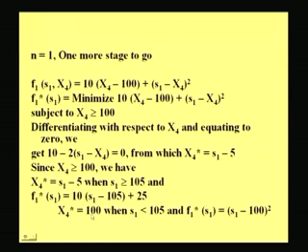So, X4 star will take values depending on what the value of S1 is. So, if S1 is greater than or equal to 105, then X4 star will be S1 minus 5, and F1 star of S1 will be 10 times S1 minus 105 plus 25.